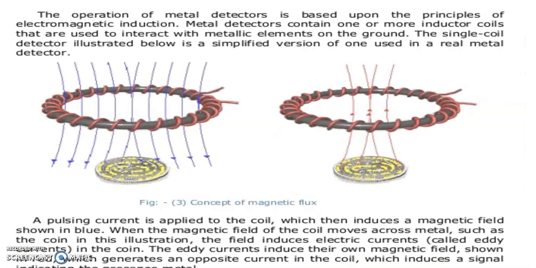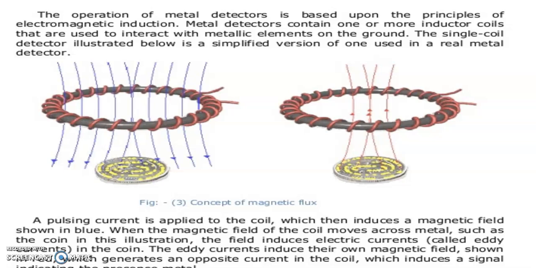In these, what is done is this: whenever a pulsating current is applied to the coil, it induces a magnetic field. These induced magnetic fields can be seen in this figure by the blue line.